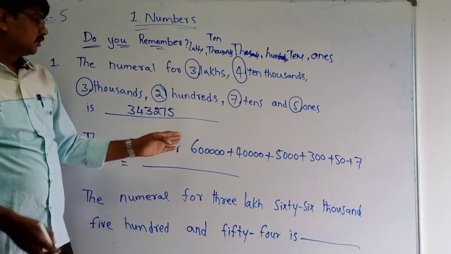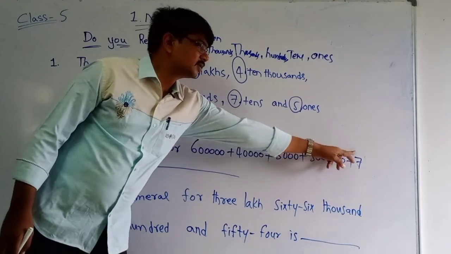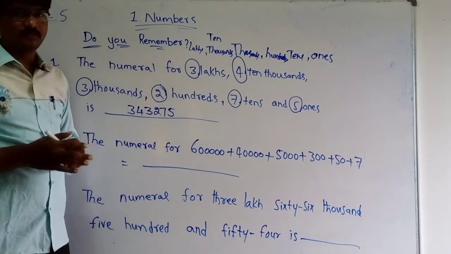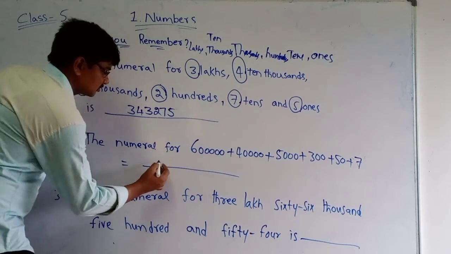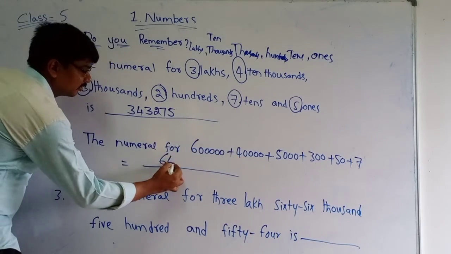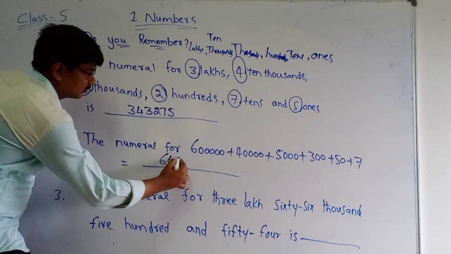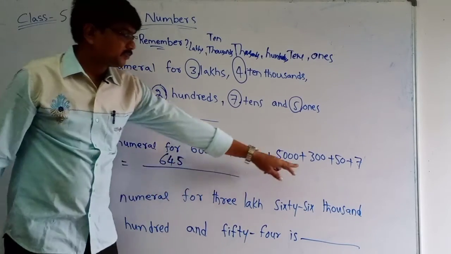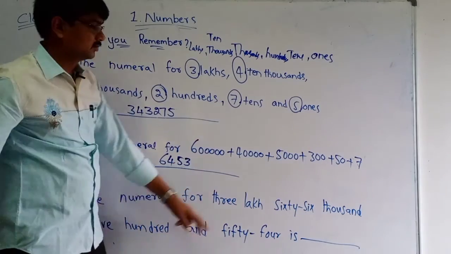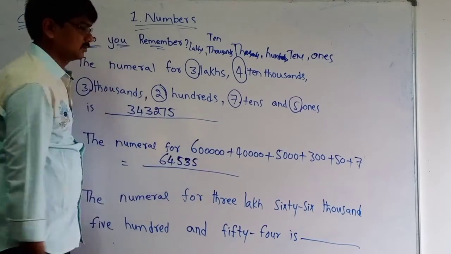So for every digit, from the start of the number, we just need to club them. 6 lakhs, so 6. 40,000, so 4. 5,000, so 5. 300, so 3. 50, so 5.